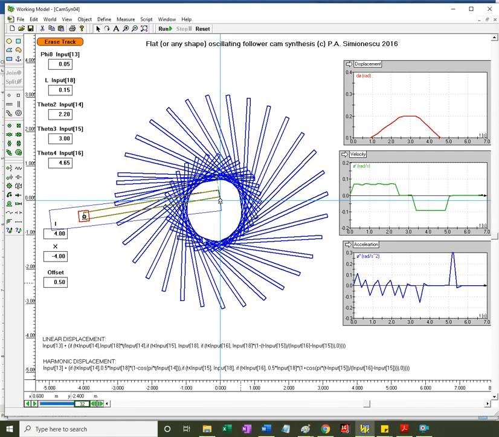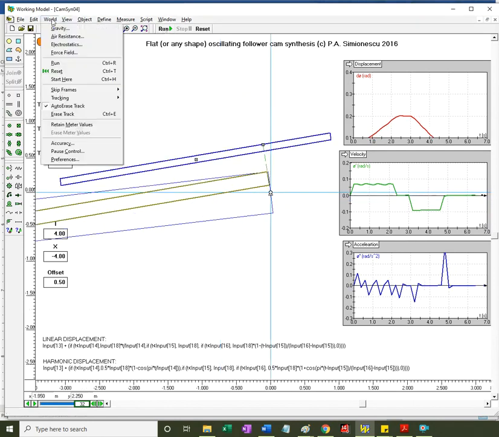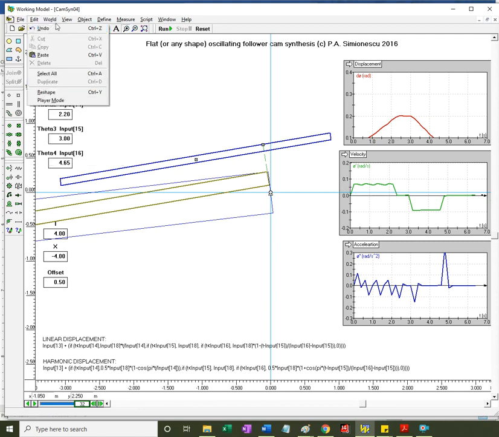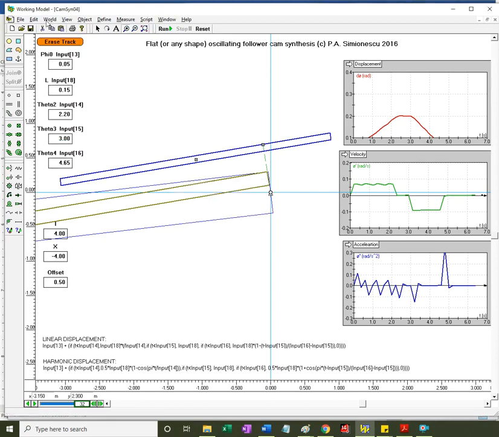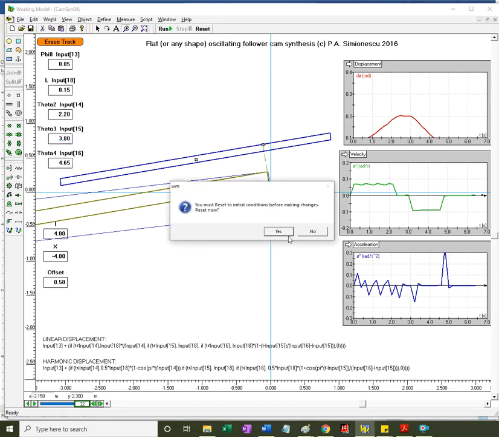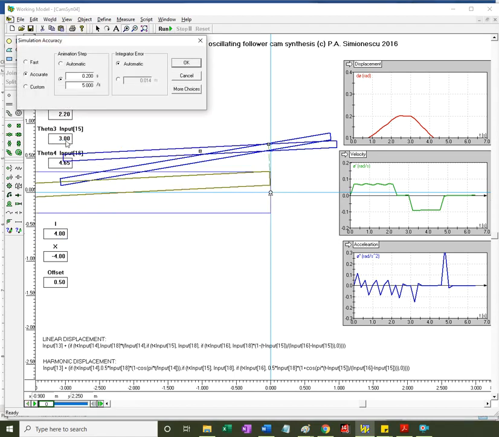So if you see a lengthy linear portion, let me make this bigger. So if you see, world tracking every frame, okay, world accuracy, and I said yes, world accuracy 0.15.